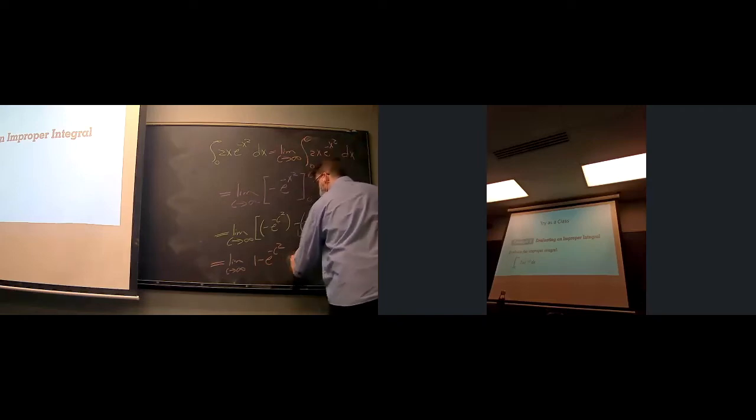So I just rearranged, like I said, the terms. Now, before we make any mistakes, because a mistake is definitely going to happen here, let's rewrite this again. This is now the limit as c goes to infinity of 1 minus 1 over e to the c squared.